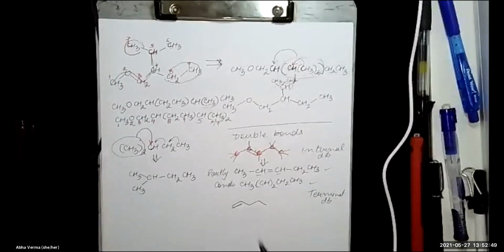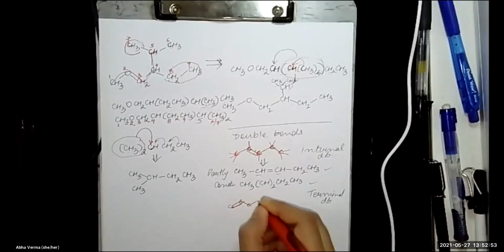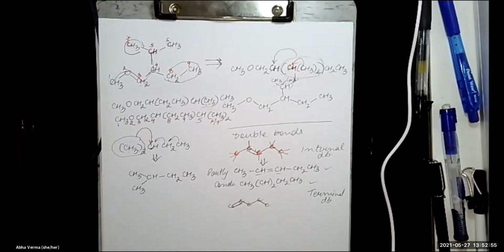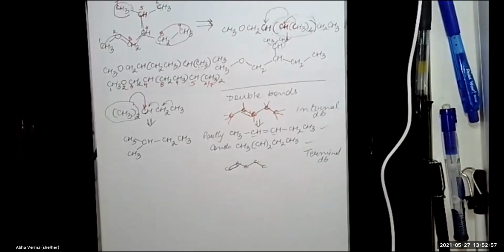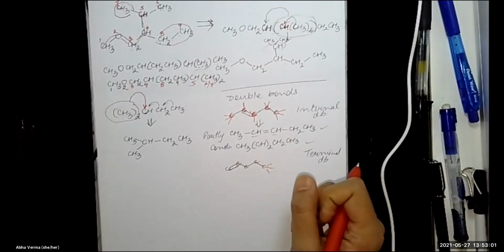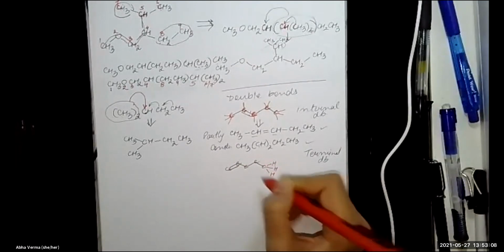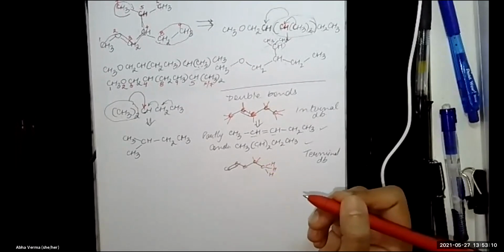Now my condensed structure is going to change. This carbon, this carbon, this carbon, this carbon, this is a carbon. And so how many bonds this carbon will have? Go ahead, tell me. 4. Yes, and how many hydrogens will it have? 3. How many hydrogens will this have? 2.